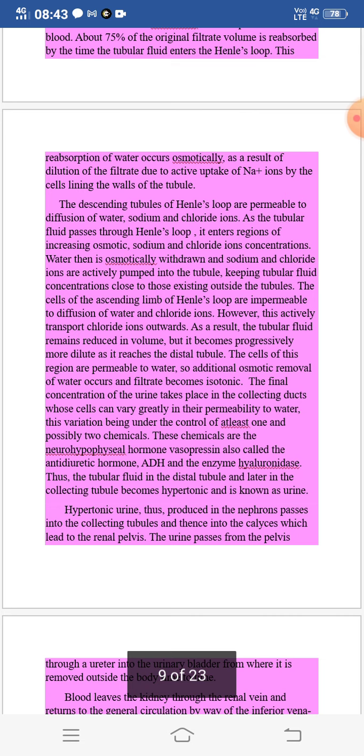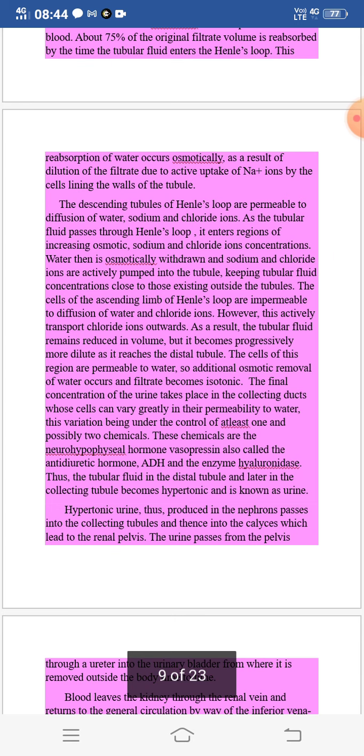Water is osmotically withdrawn and sodium and chloride ions are actively pumped into the tubule, keeping the tubular fluid, that is the fluid within the Henle's loop, at concentrations close to those existing outside the tubules. The cells of the ascending limb of Henle's loop are impermeable to diffusion of water and chloride ions.